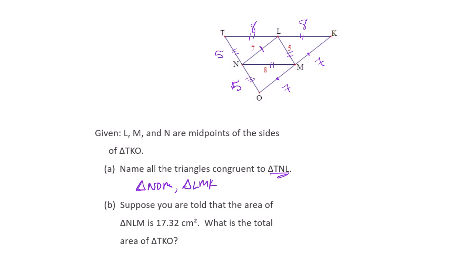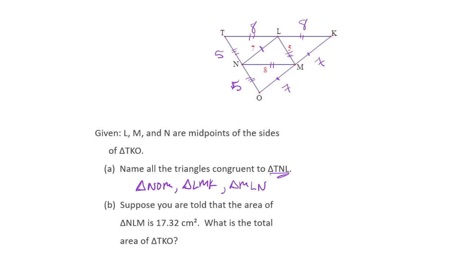So let's see, T comes first, and so it's with the 2 and the 3 tick marks. So the 2 and the 3, that's M. And then the middle one, TN. So N is with 1 and 3. So 1 and 3 in this triangle is L, with the 1 tick mark and the 3. So it'll be ML. And then, of course, by process of elimination it will be N.